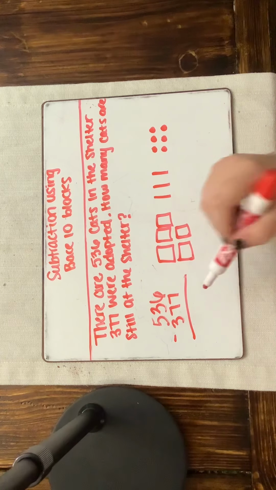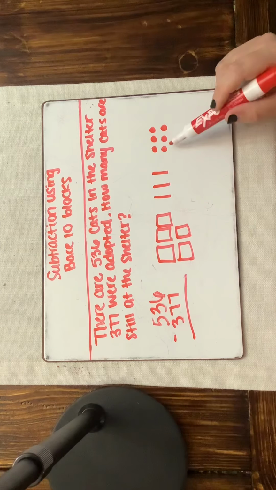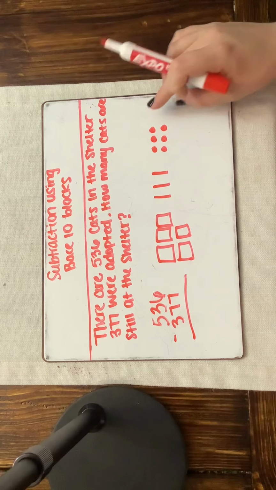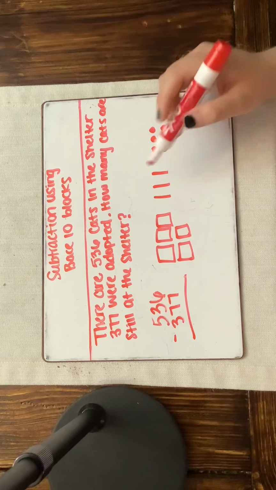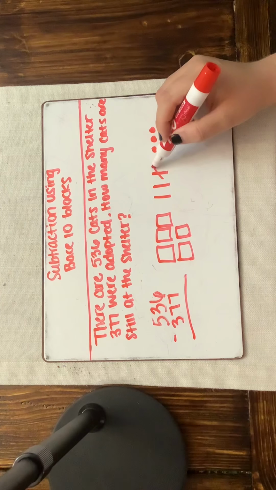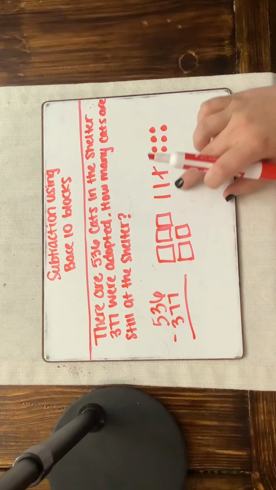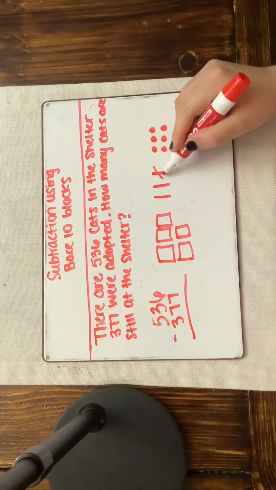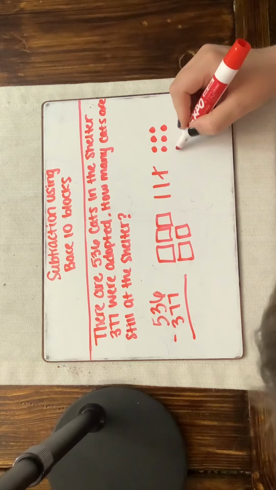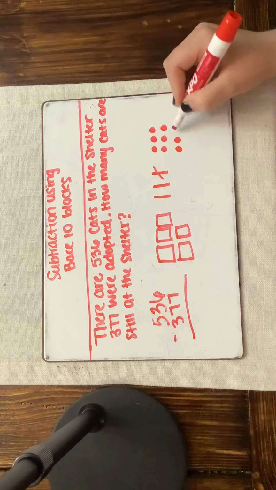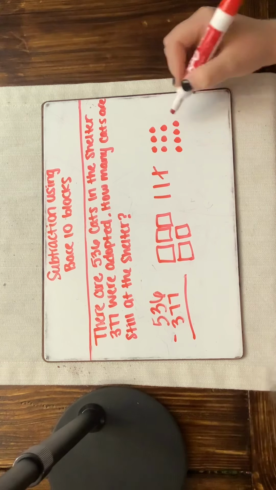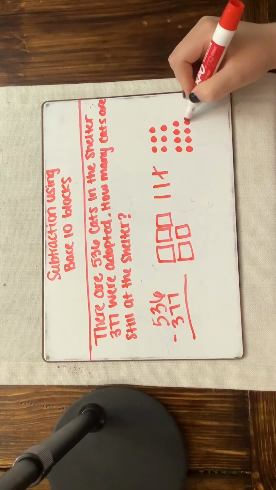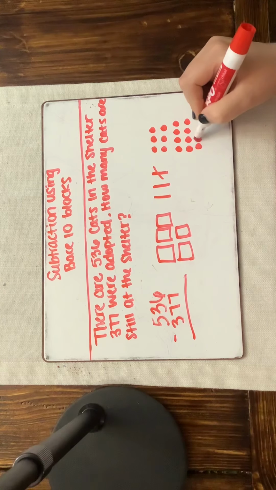So let's start with the ones place, and we have 6, and we want to take away 7. We can't do that because we don't have 7 here. So we've got to go over and borrow from the tens place. So we've taken away this 10 and we're bringing it to the ones. 1, 2, 3, 4, 5, 6, 7, 8, 9, 10.